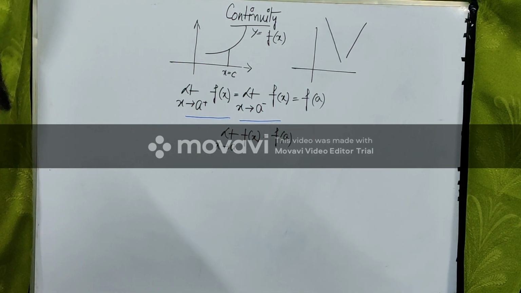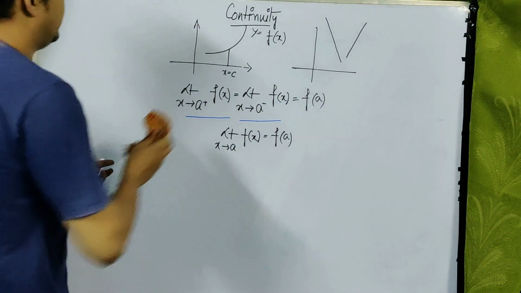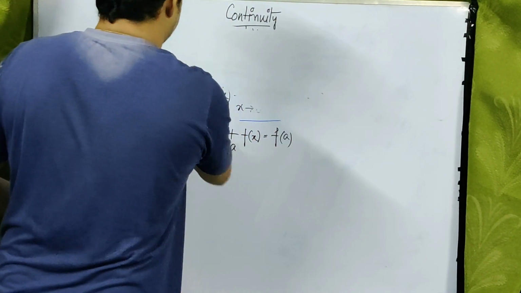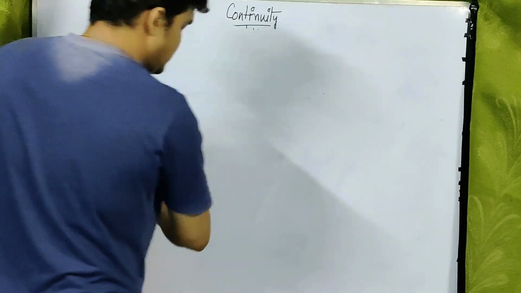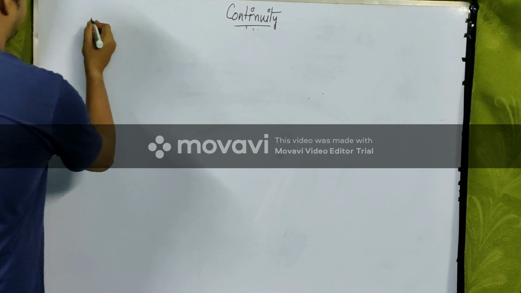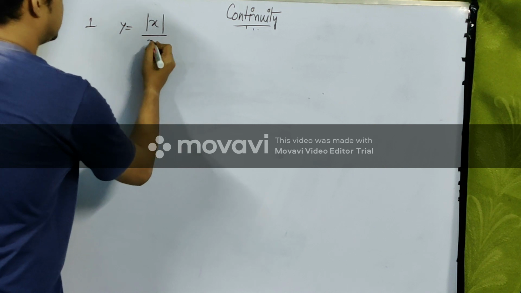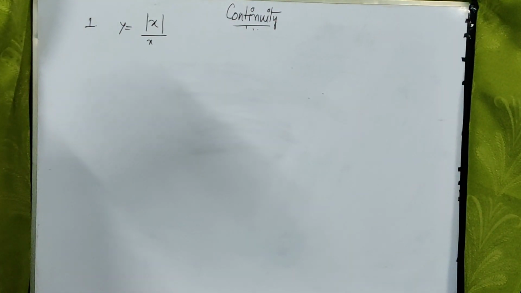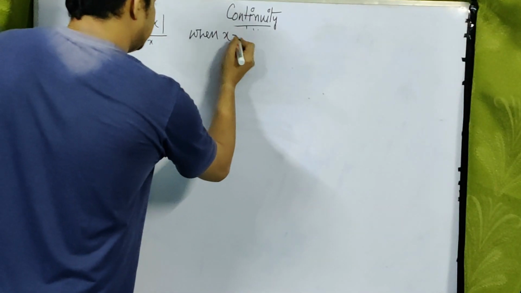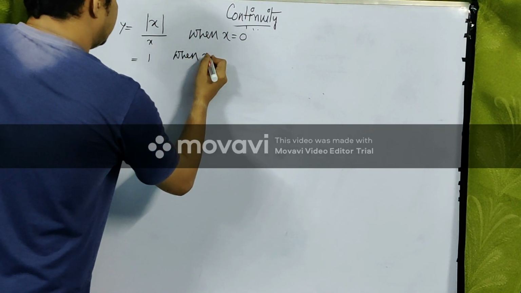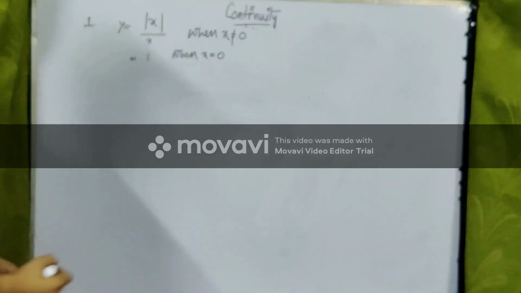Now say we have a function y equals mod x by x when x is not equal to 0, and it is equal to 1 when x equals 0.